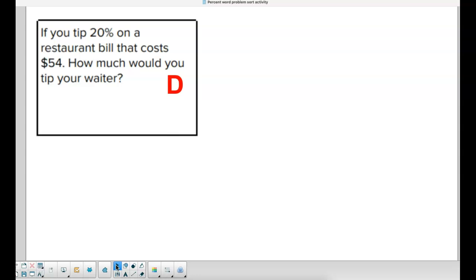So you do 20% over 100, and then you put 54 on the bottom because that's the price of the meal. And then you have to times these two and then divide that number by 100.